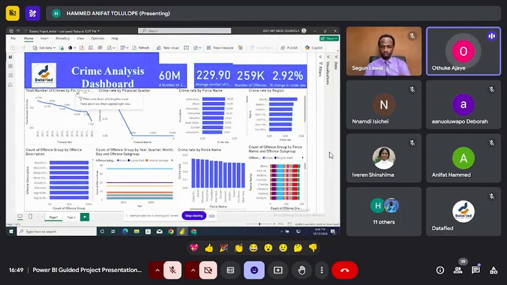Whenever I have to build a dashboard or do an analysis like this, for every visual I want to put there, my question is, okay, what is this visual actually saying? I'm not just putting it because, I don't have a bar chart here, so let me add a bar chart. No. If I'm going to use a bar chart, then I'll know this is the reason why I want to use a bar chart.